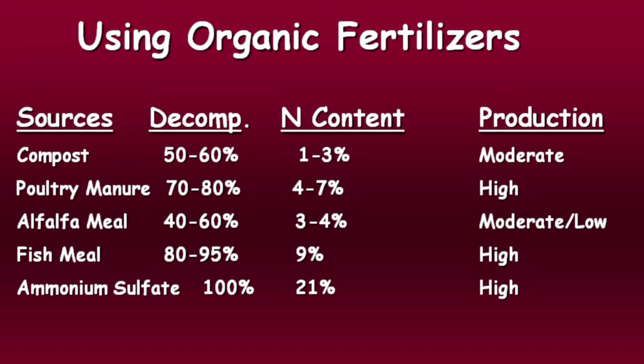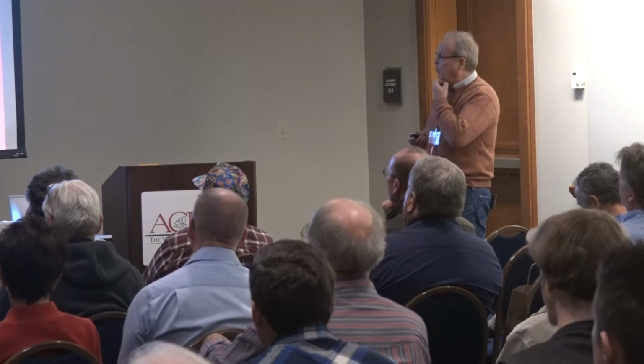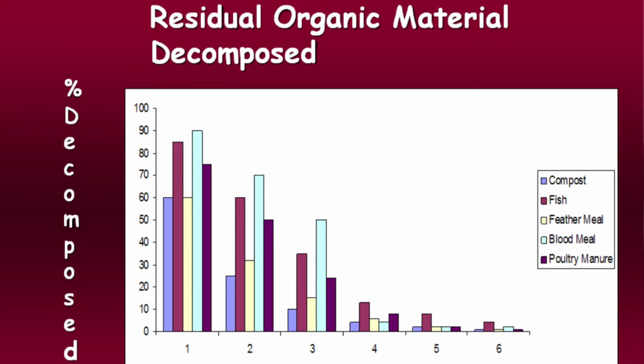Ammonium sulfate, just as an example of an inorganic one, you put it in water and it completely dissolves. So it's very high, and it's 21% nitrogen, so you can burn things with that pretty easily too.